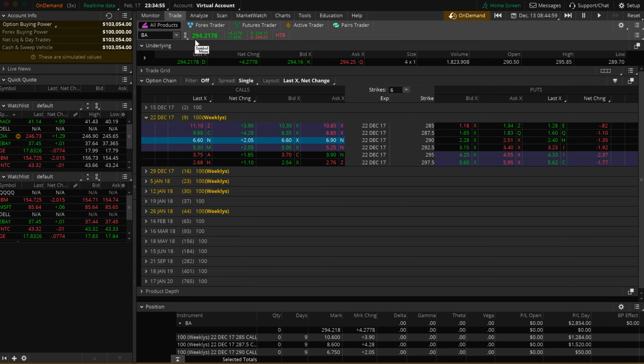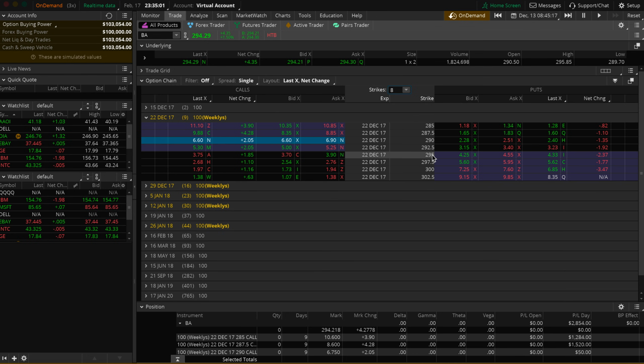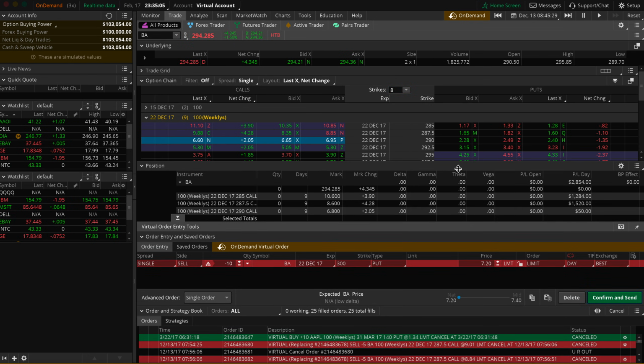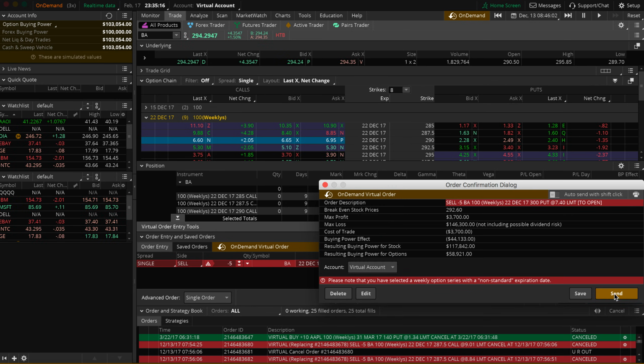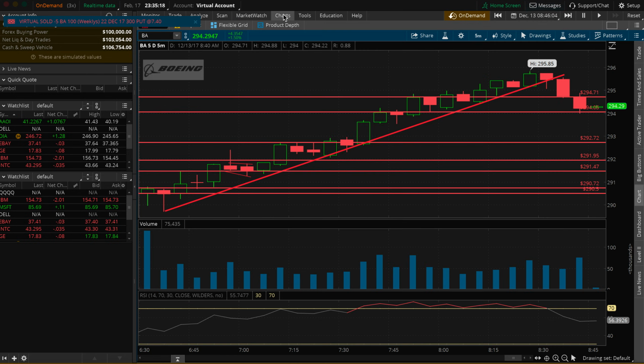So it's at 294. So 295 would be our in the money put. So 2 would be 300. So let's do that at 5. 5 mid. Let's see how that works.